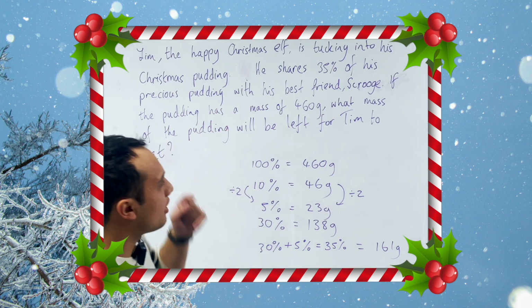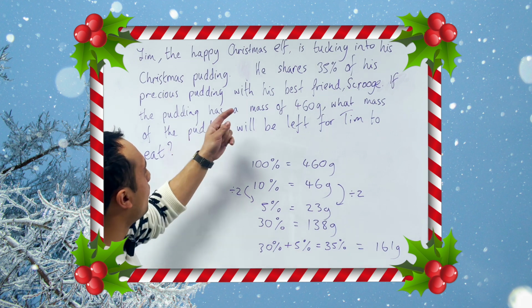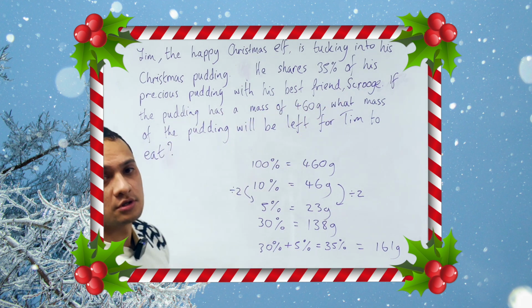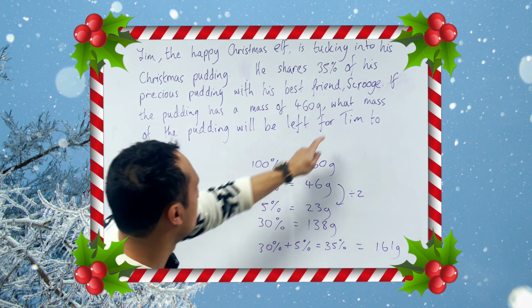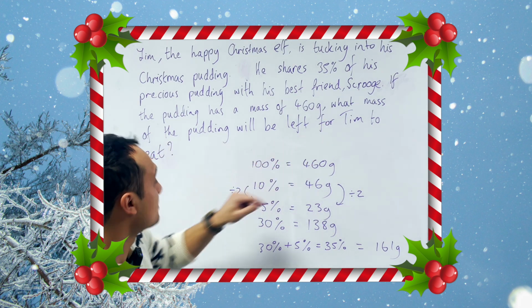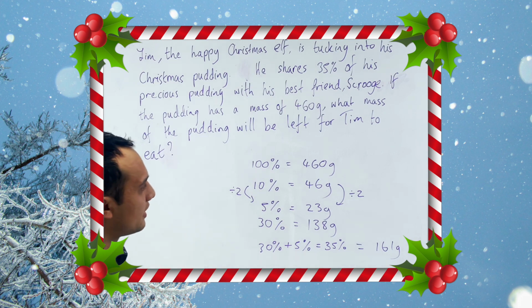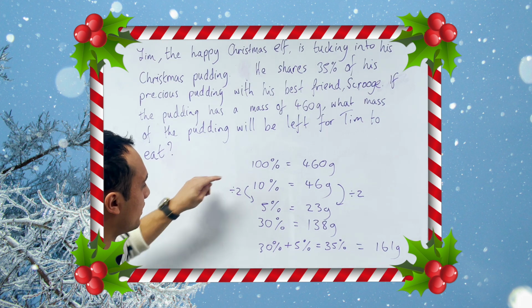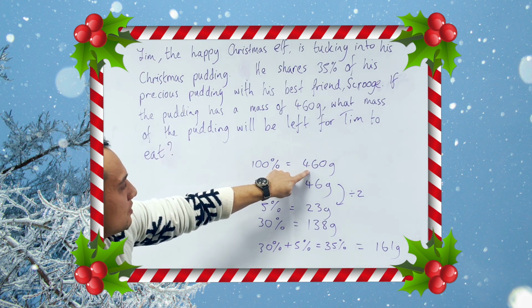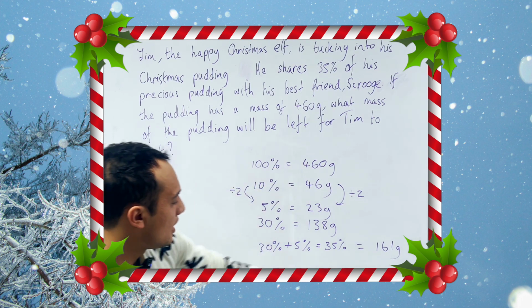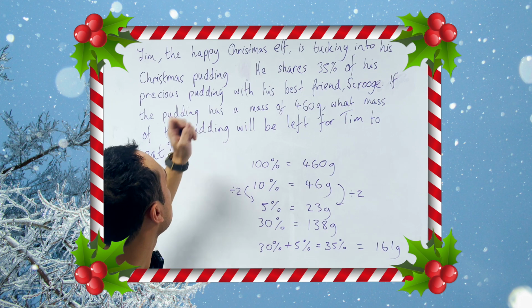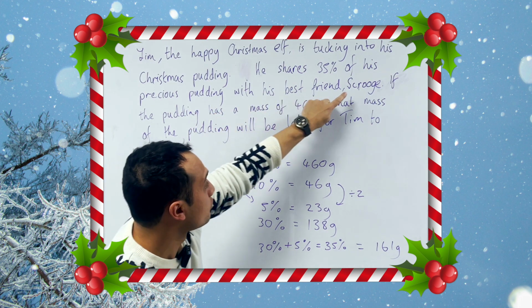So we found out how much we've shared with Scrooge, so how much Scrooge is getting. Now the question actually asks what mass of the pudding will be left for Tim to eat. So here we need to find the difference between 460 grams, which is the mass of the whole pudding, and what Scrooge is eating.